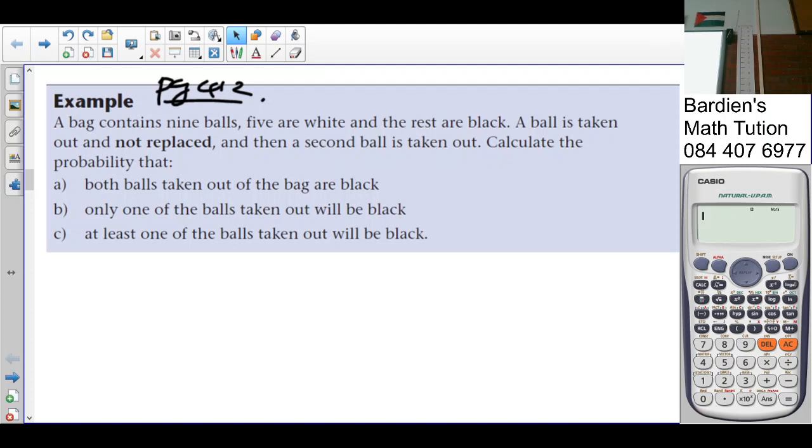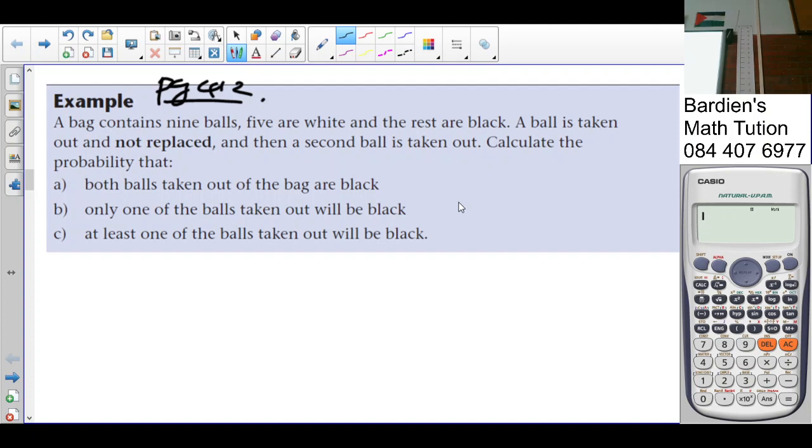If you had done exercise 12.4 without a tree diagram, it was possible to do it. Whereas for dependent events, it's going to make your life so much easier if you draw the tree. If you don't, it's going to make it more complex.